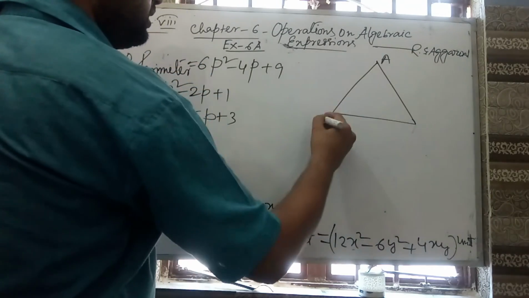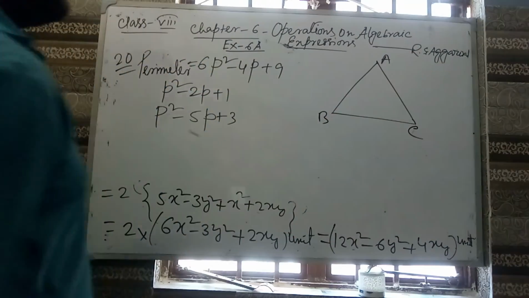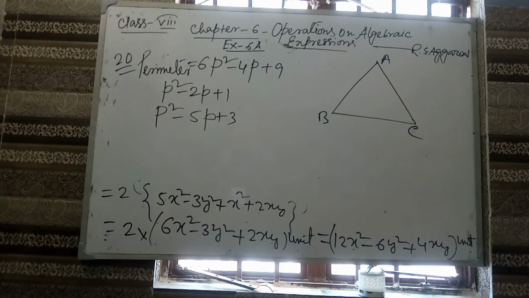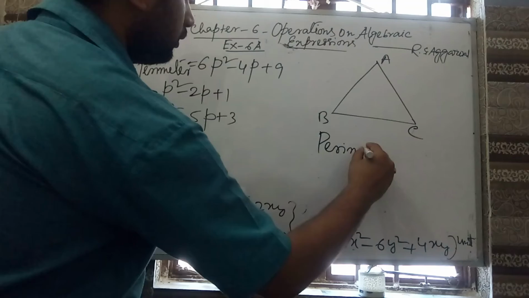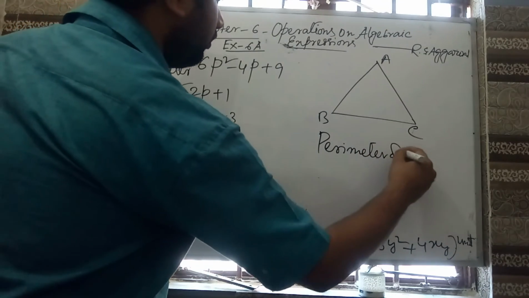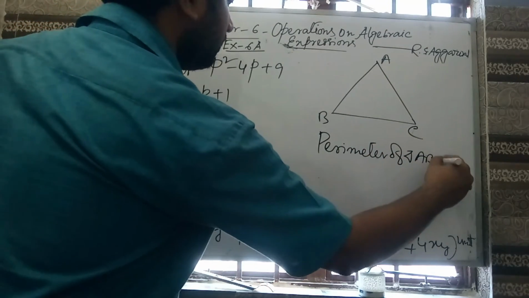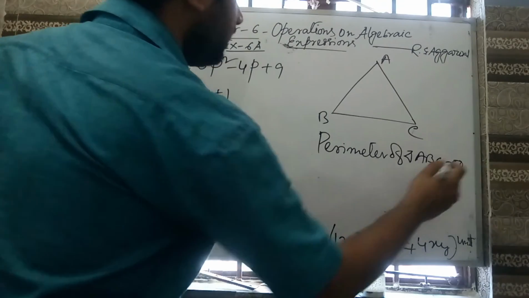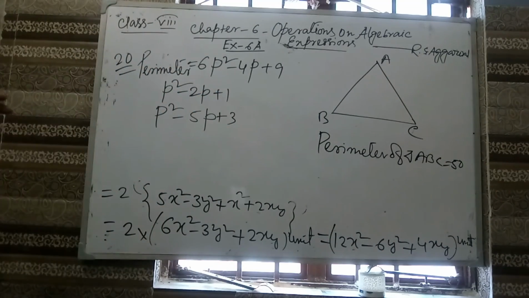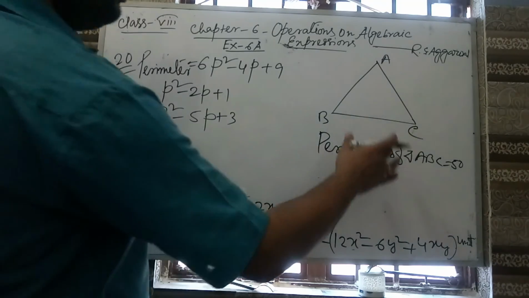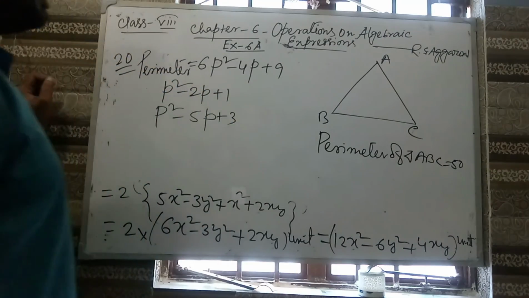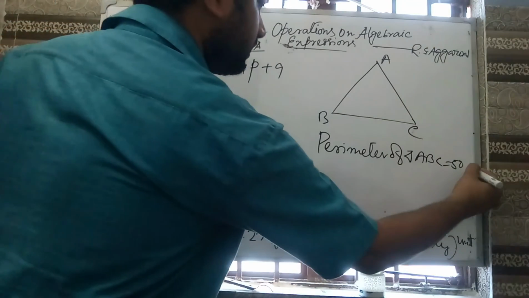Let ABC be a triangle where the perimeter of triangle ABC is 50. I am taking an example that is not related to this sum. We have taken a triangle ABC whose perimeter is 50 centimeter.